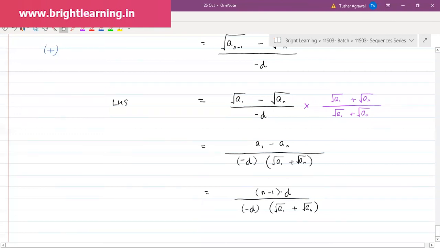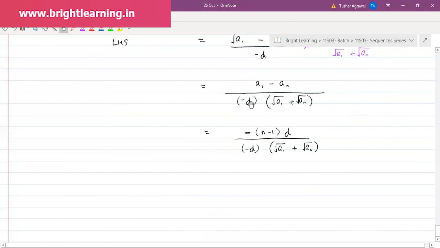But the thing that I have written is nth term minus first term, and the thing that is required is a1 minus an, so here it will be a minus sign. Is this clear? It is n minus 1 d, but with a negative sign. So the final answer is n minus 1 upon under root a1 plus under root an. Hence proved.